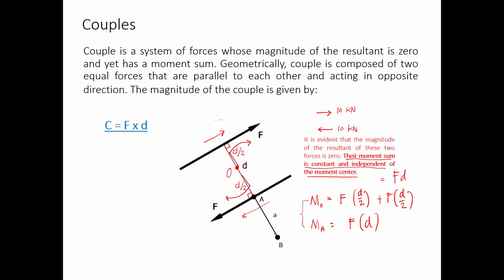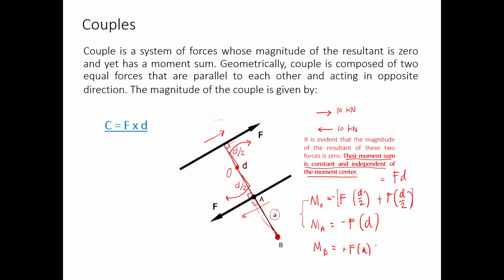If you take moment about point B, I think it's a different story. You need to add up another distance A, because that will govern the distance of your force going to the left, and then your force going to the right will be governed by A plus D distance. So again, if you try to write it, since it's counterclockwise, F times A is positive, diba? Most likely the first two terms are negative because it's rotating clockwise.